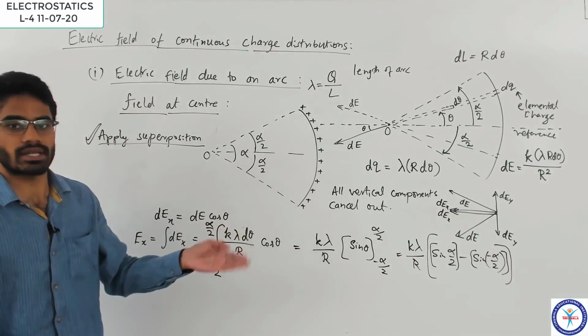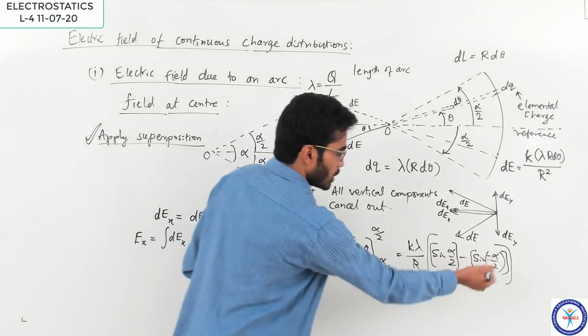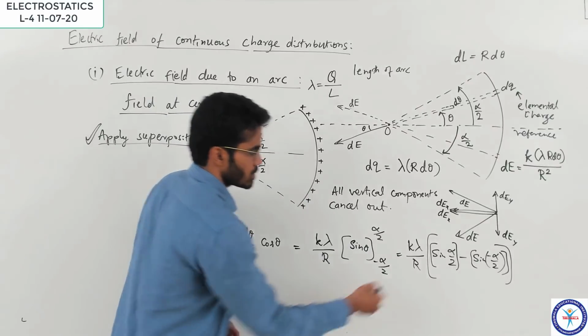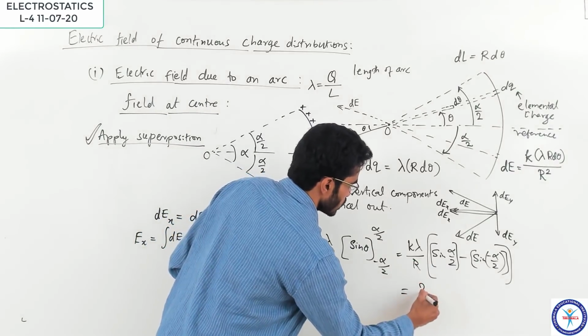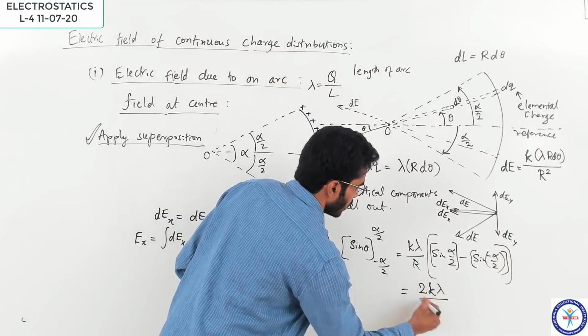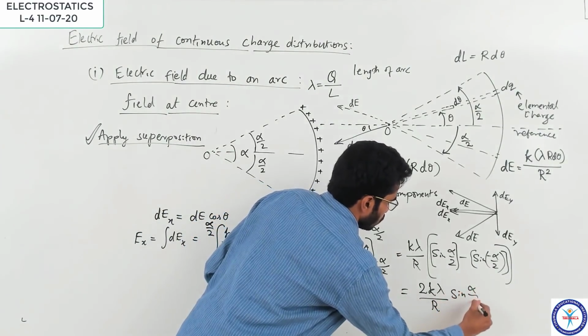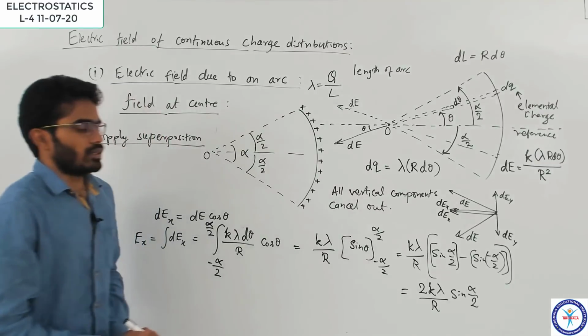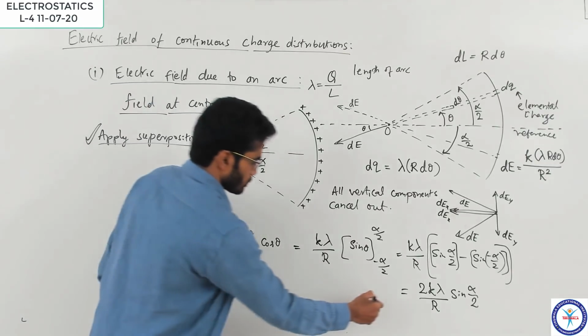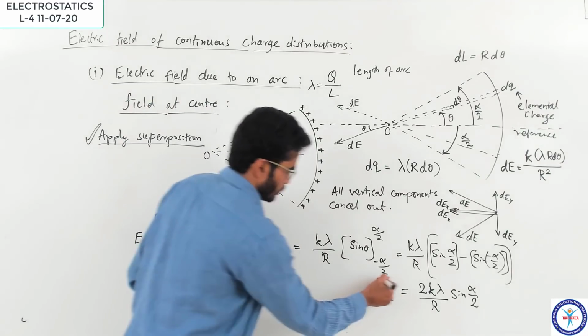Sine alpha by 2 minus sine minus alpha by 2. Sine minus alpha by 2 is minus sine alpha by 2, so it becomes plus. So you have 2 times of this. So it is 2k lambda by r sine alpha by 2. So we have our answer. This is the net field.